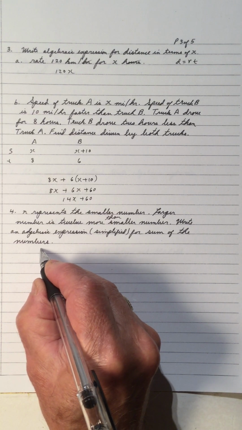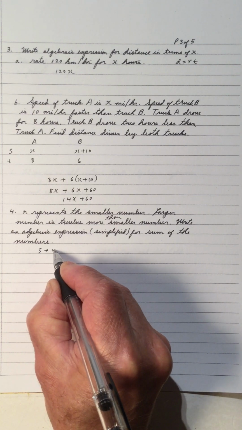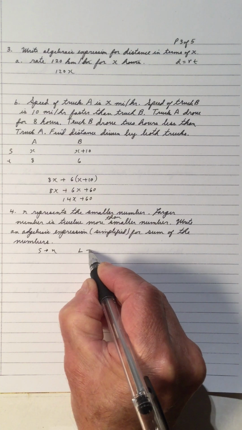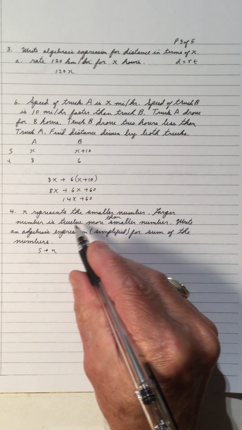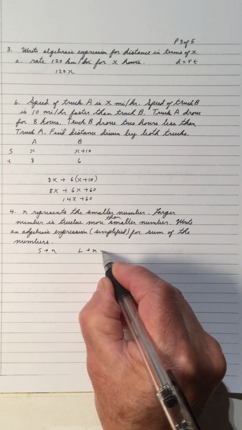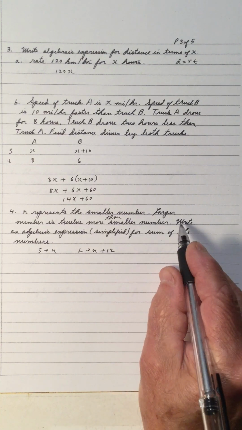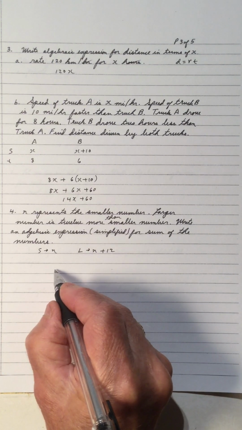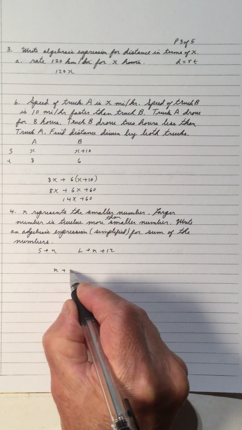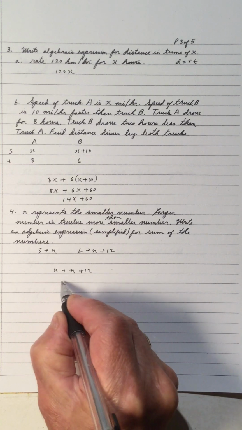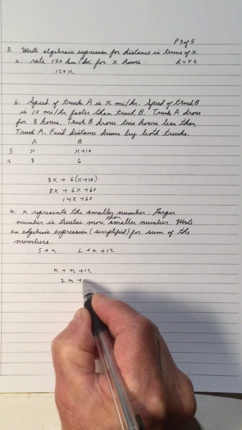So if the smaller number is n, then the larger number, we're going to call L, is 12 more. So it's n plus 12. And their sum is n plus n plus 12. So it's 2n plus 12.